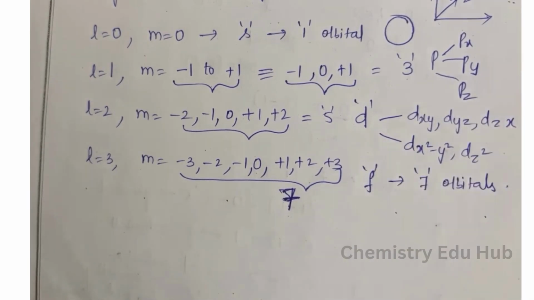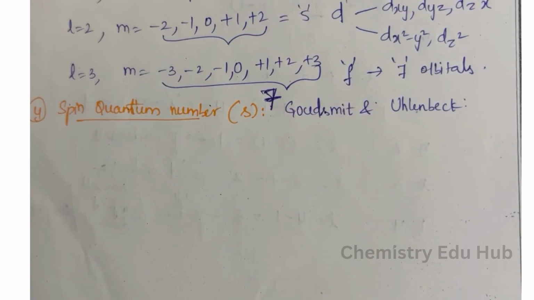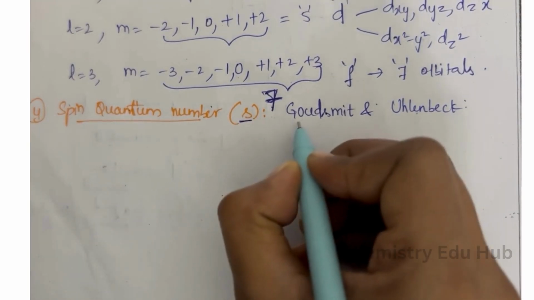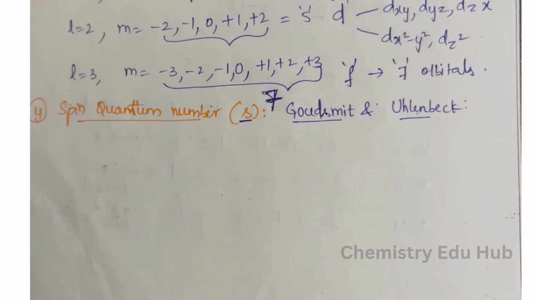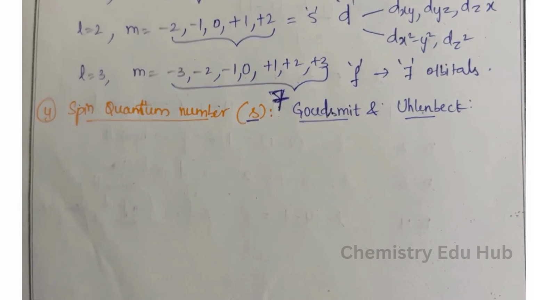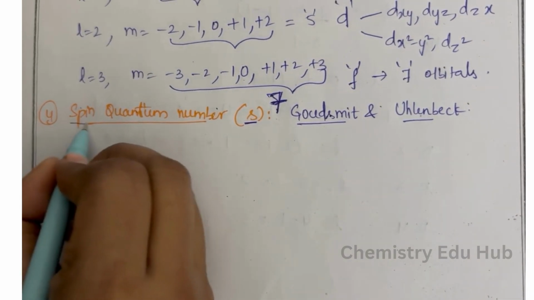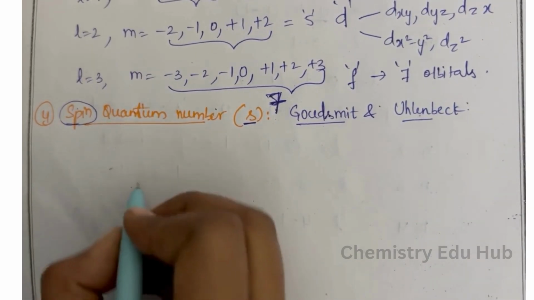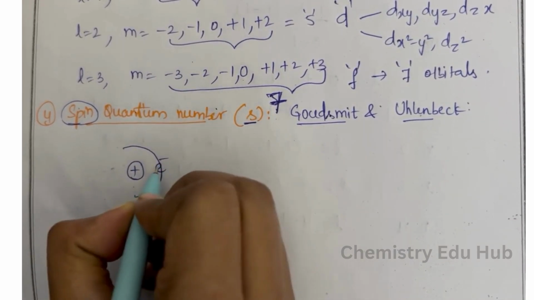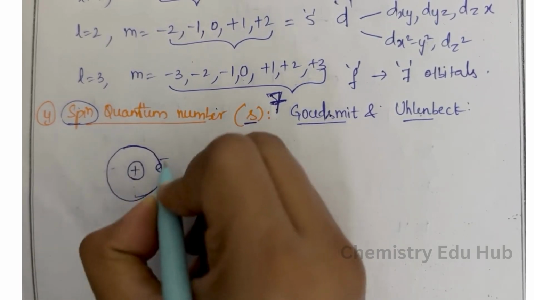The fourth quantum number is the spin quantum number, denoted by the symbol small s, which was proposed by the scientists Goudsmit and Uhlenbeck. This explains the spin of the electron. Around the nucleus, the electron is observed to revolve around the nucleus.